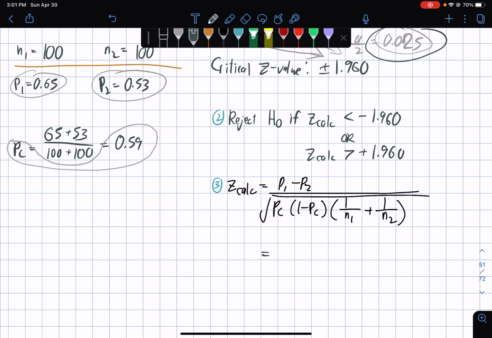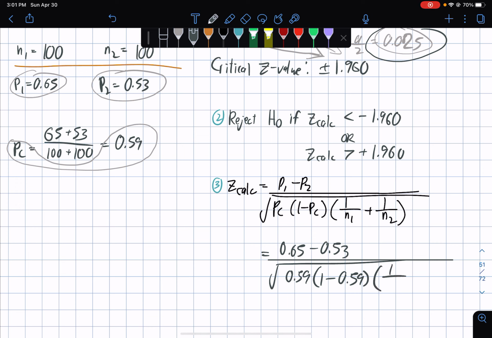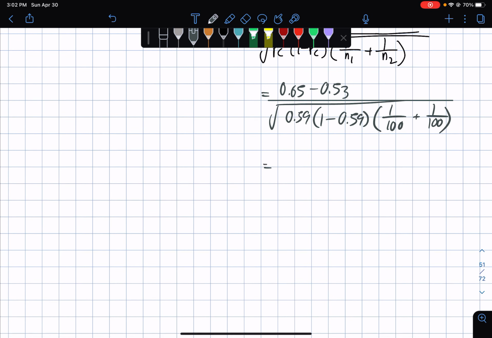So P1 minus P2, 0.65 minus 0.53, over PC, which is 0.59, times the quantity 1 minus 0.59, times the quantity 1 over n1, n1 is 100, plus 1 over n2, which is 1 over 100. And then on the scientific calculator, what does it say? So z-calc is equal to 1.725.